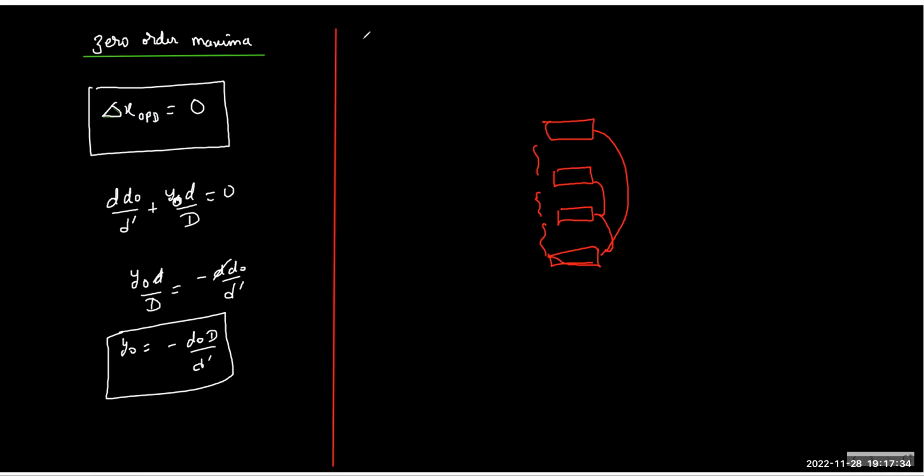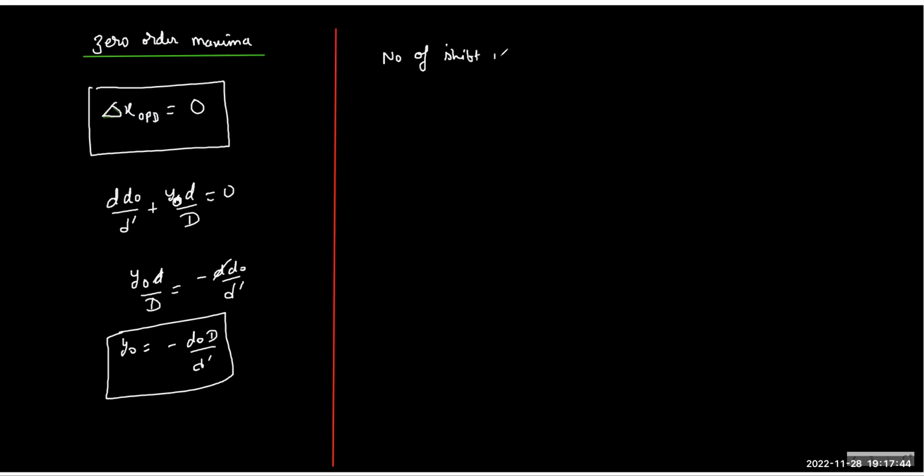The general question that you will come across is, how many fringes got shifted? The number of shifts in fringes. If you want to count how many fringes have shifted, there are 2 possibilities. The fringe shift may be integral, it may be an even number, it may be an odd number.